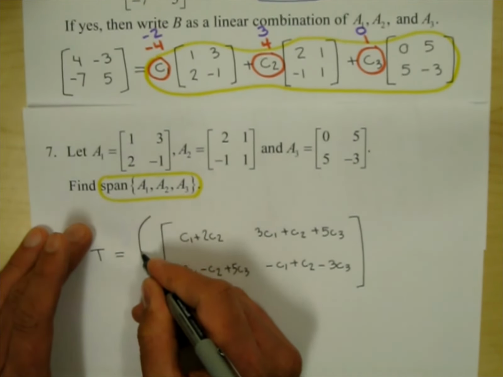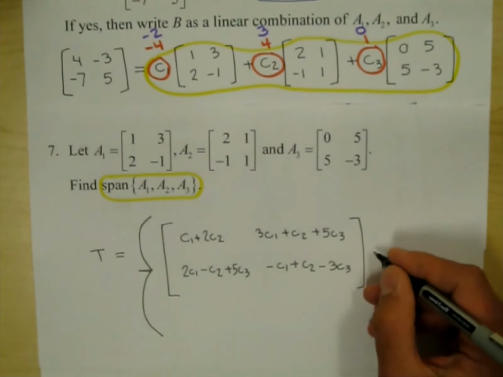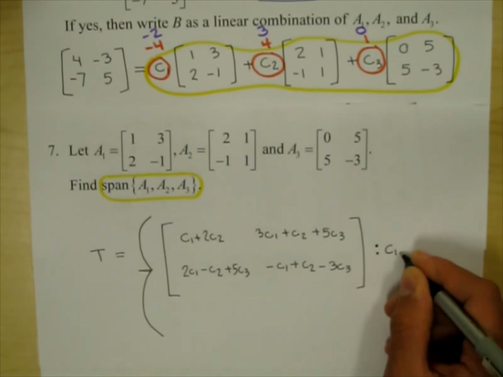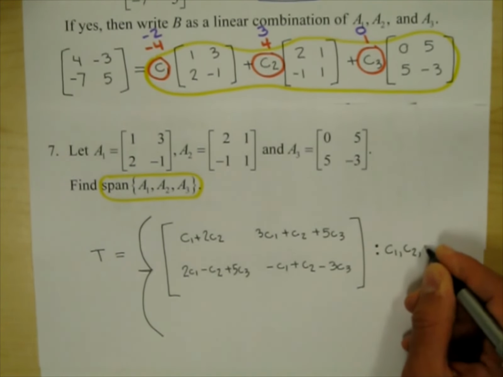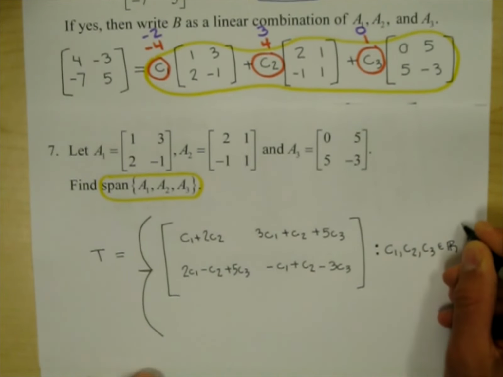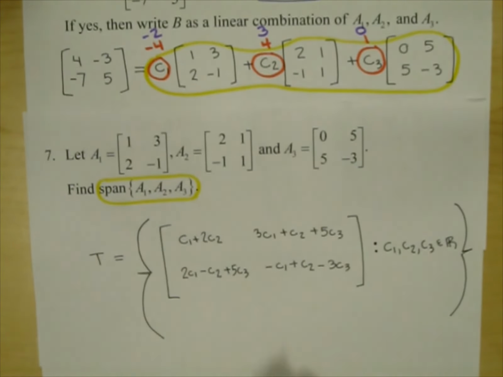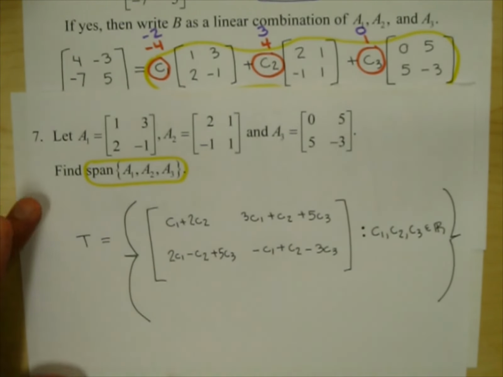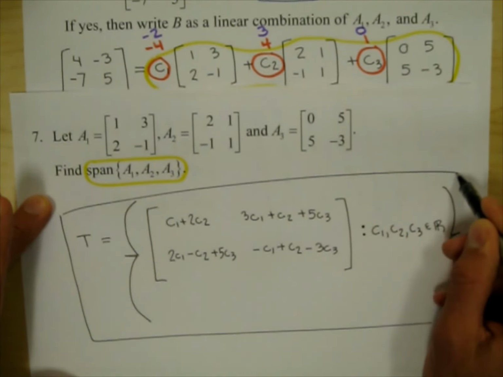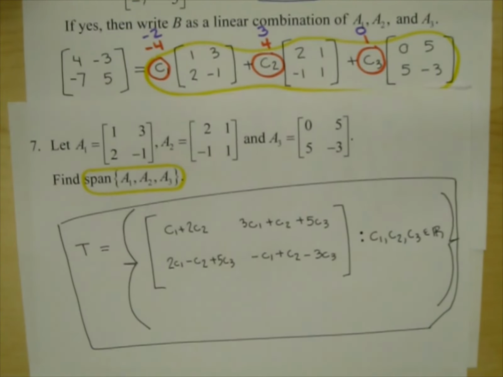So this is the set of all of these creatures here, such that C1, C2, C3 are elements of the real numbers. Let's make this brace really big so it matches that one there. And now I'm going to box this answer. There it is though. And we have it.